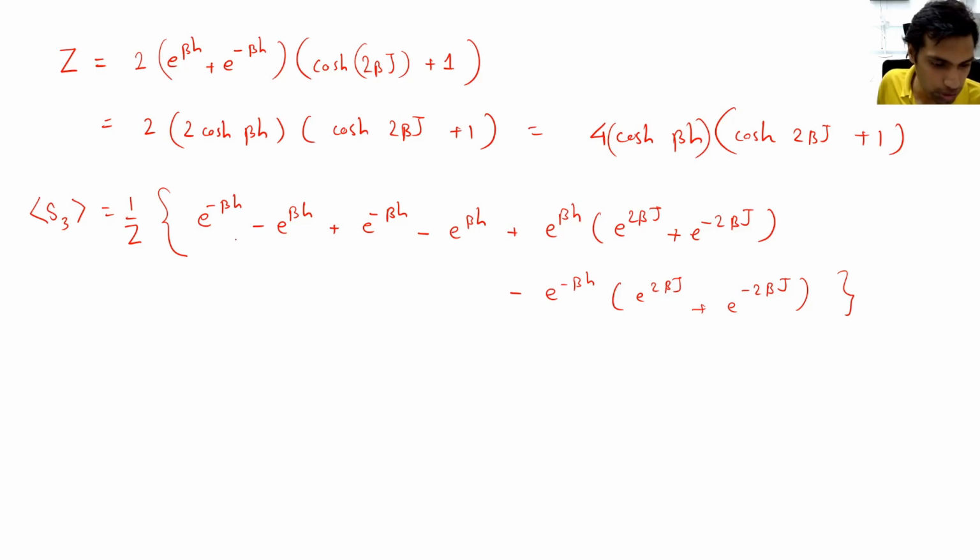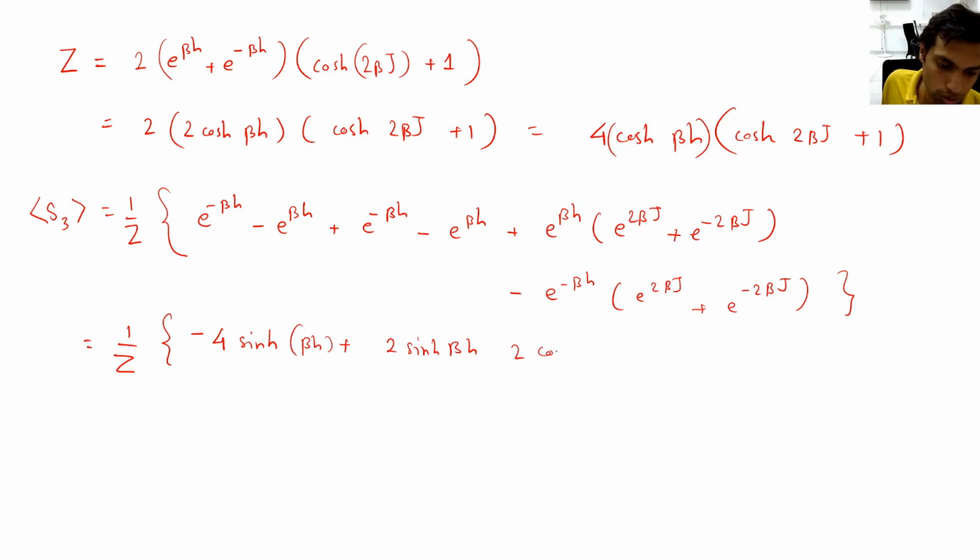So this you can write as minus 2 sine hyperbolic beta h, and there are two of these terms, so it will be 1 over z, so it will be minus 4 sine hyperbolic beta h plus, and this will be 2 cos hyperbolic 2 beta j into plus, I'll just write 2 sine hyperbolic beta h 2 cos hyperbolic 2 beta j.